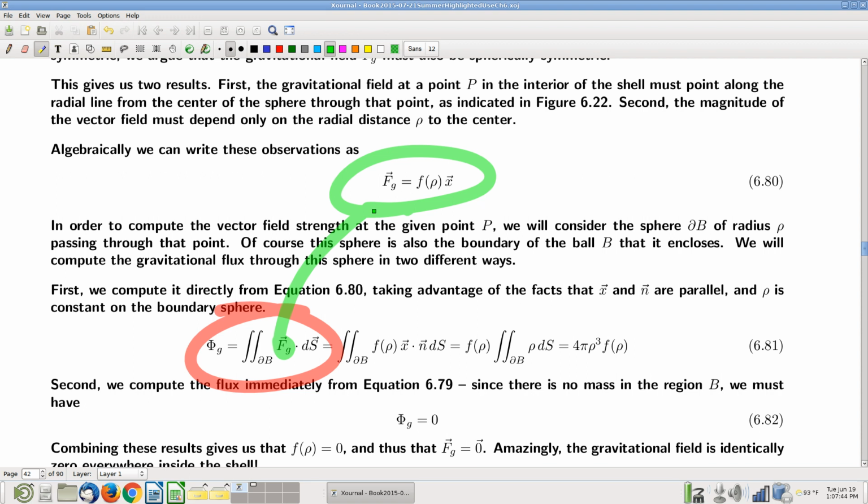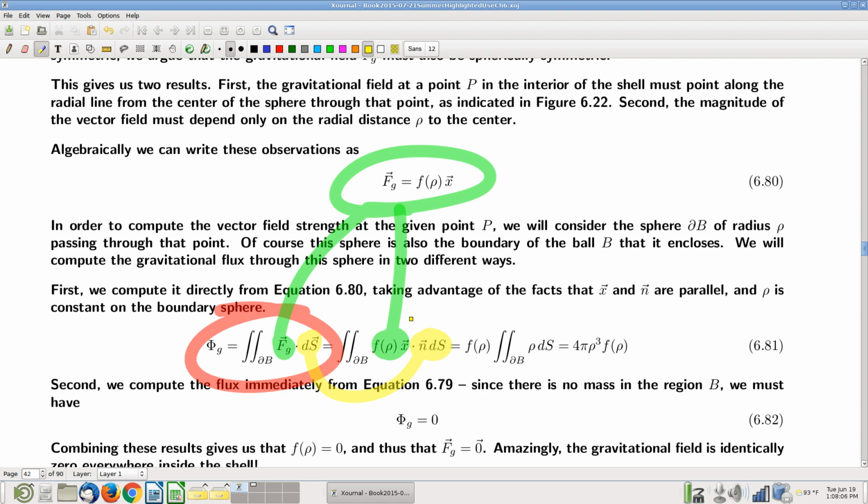It's got to be radial, and the magnitude can only depend on distance from the origin, distance from the center. dS vector, of course, is n times dS scalar.